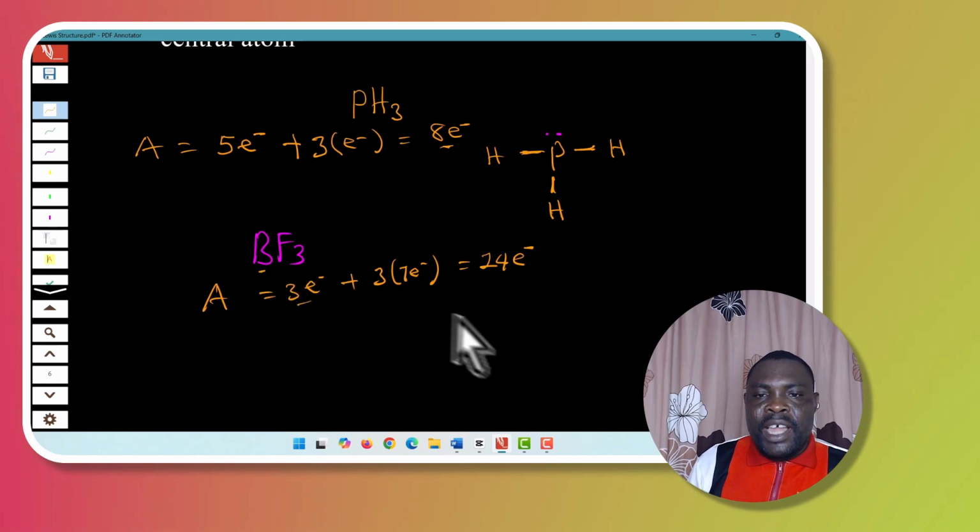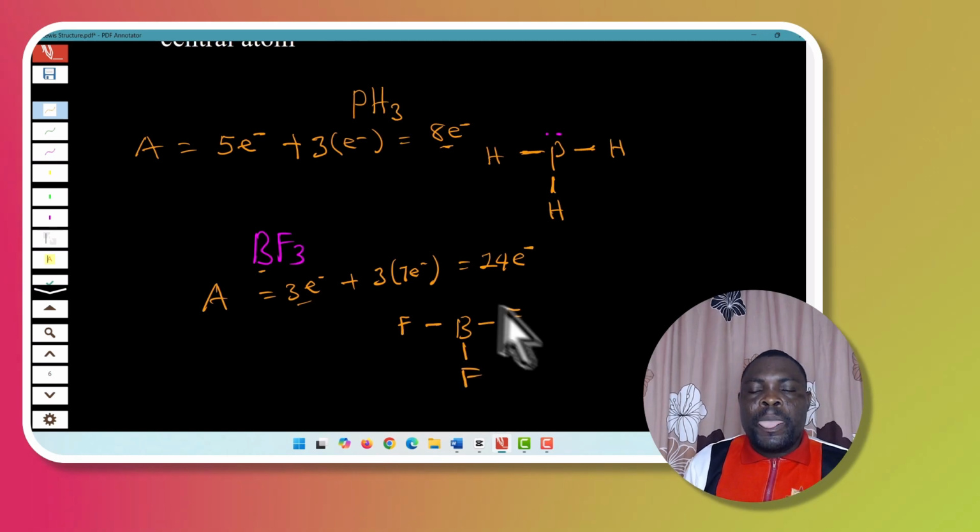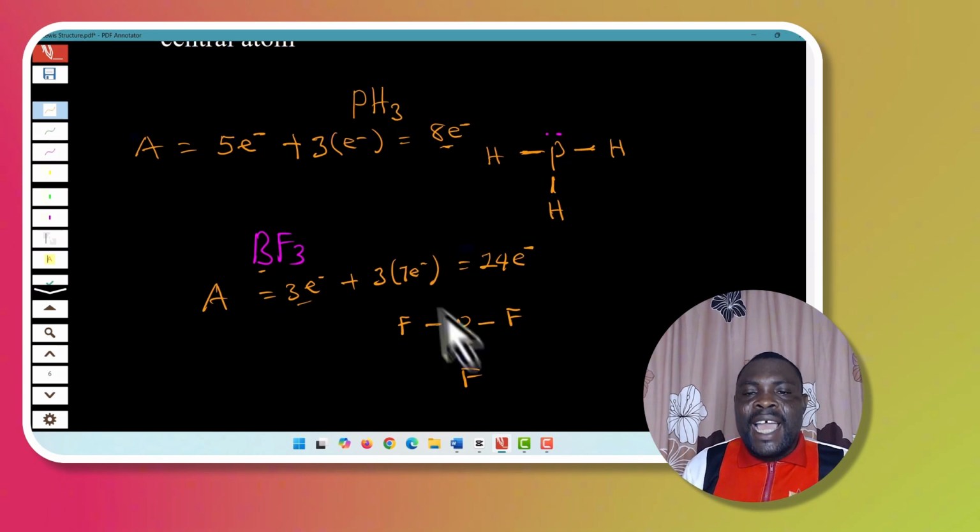Boron is the central element. I will distribute the other elements around the central element. Now, apart from hydrogen and helium, every other element takes 8 electrons. Only hydrogen and helium take 2 electrons. This fluorine atom has taken 2 electrons because this bond pair is 2 electrons.